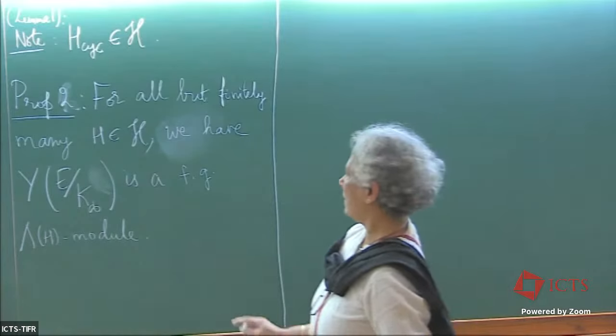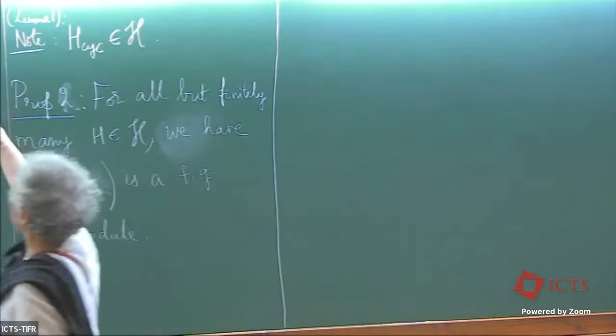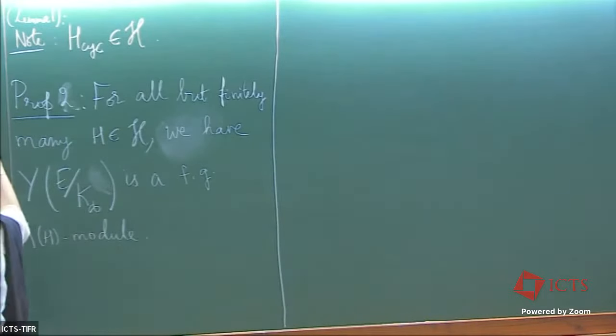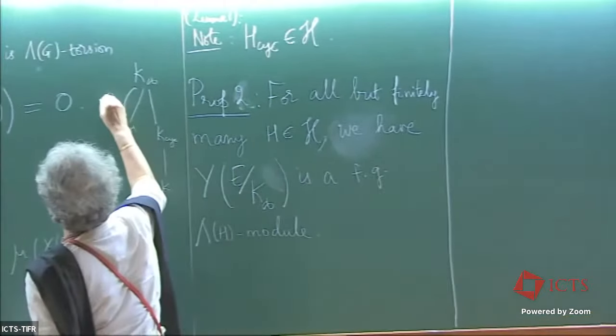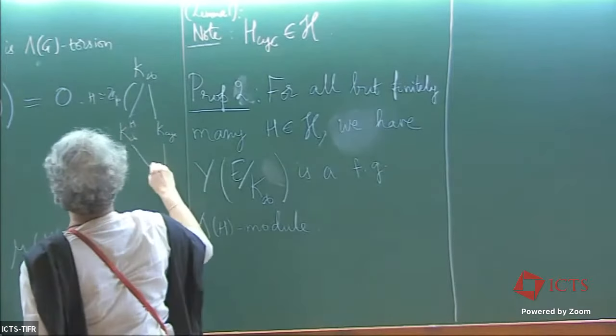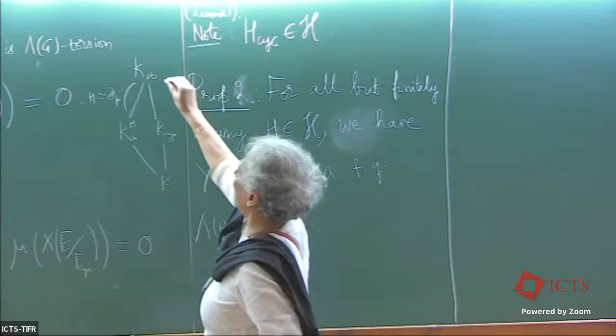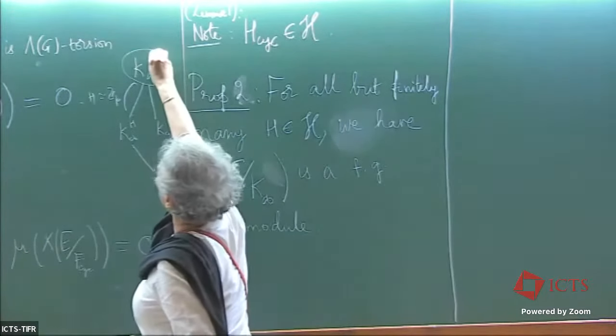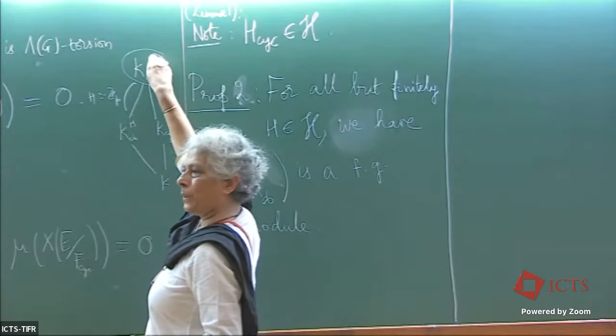Okay, right? So you have this extension here, K infinity. Then I have this K cyclotomic here. I have K. Now I'm taking some other extension, which is fixed by H, and this is a Z_p extension here. And then I'm looking at the Selmer group here, killing the p-primary torsion part.